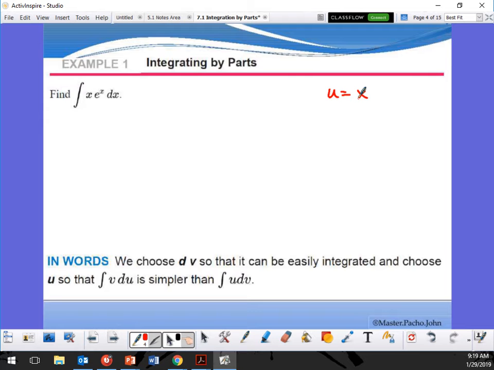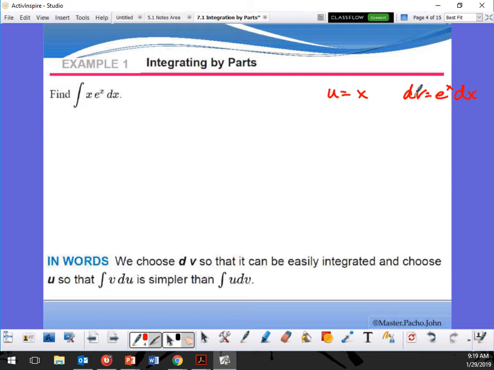And then dv is equal to e to the x dx. It's dv, sorry. dv is equal to e to the x dx, because I have to take care of all parts of that.